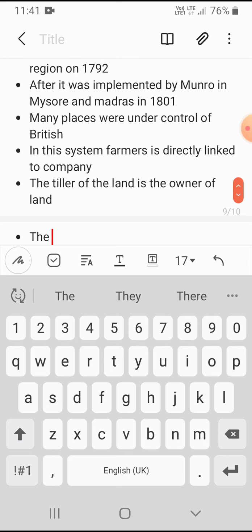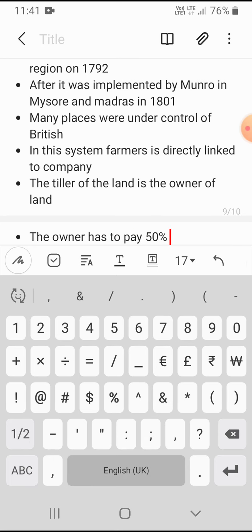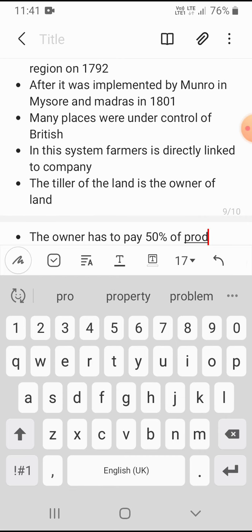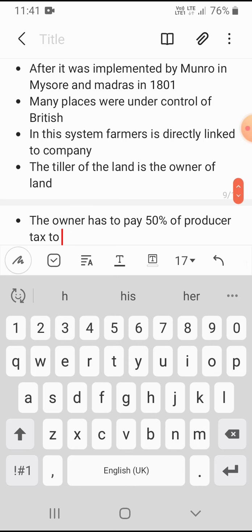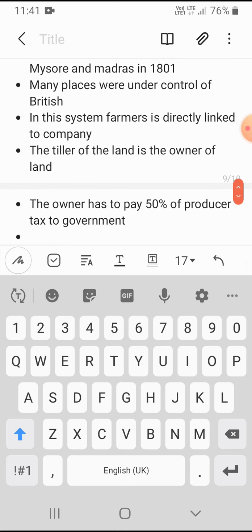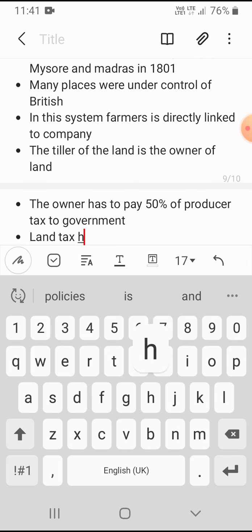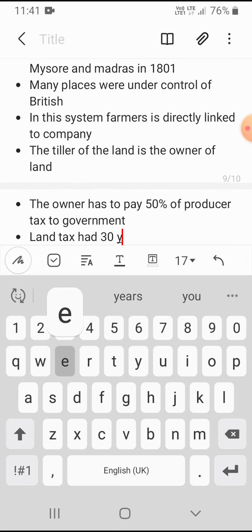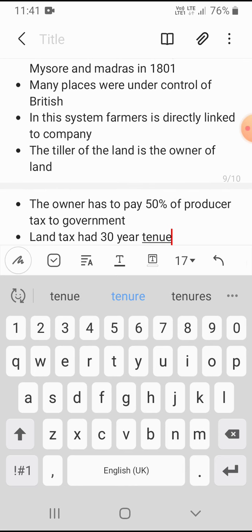The owner has to pay 50% of the produce as tax to the government. As well as, the land tax had a 30-year tenure, which means it will be renewed after 30 years.